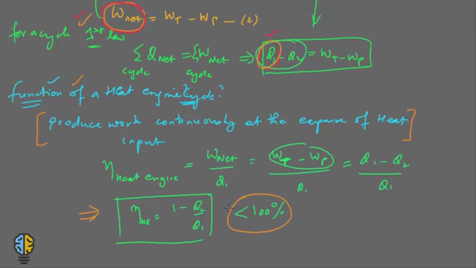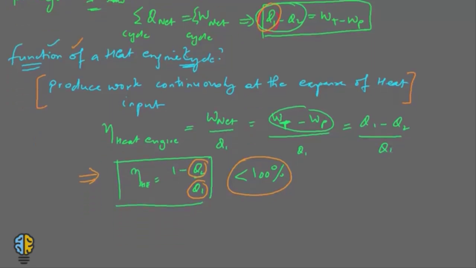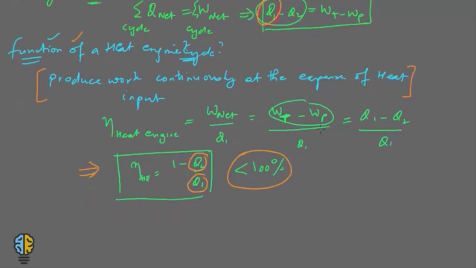So how can we maximize it, or make it almost equal to 100? Of course we cannot make it equal to 100, but how can we bring it closer to 100? That is to either increase the heat input or to decrease the work output or the heat rejection. Let us summarize some points before we go on to the next video about increasing the efficiency.